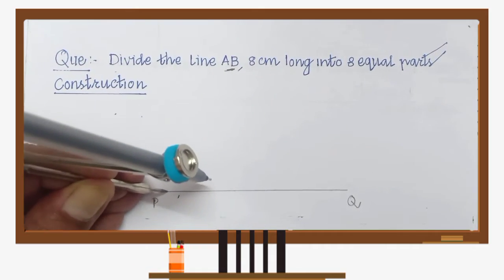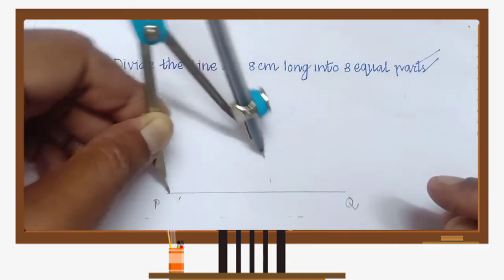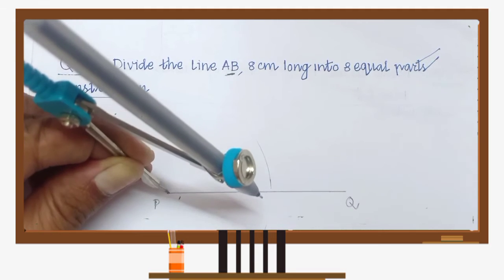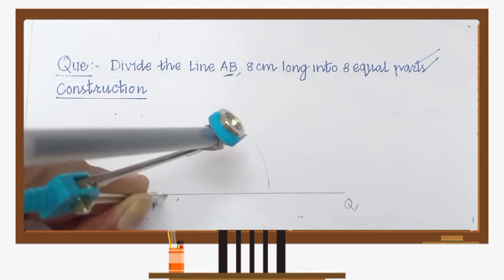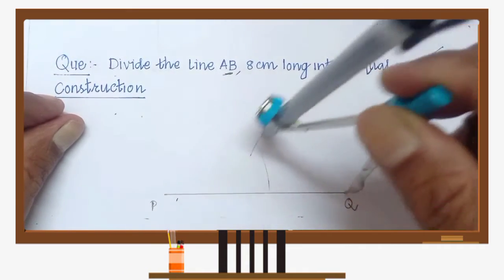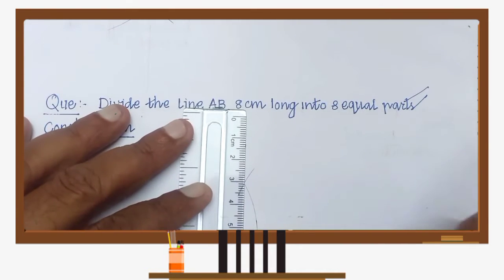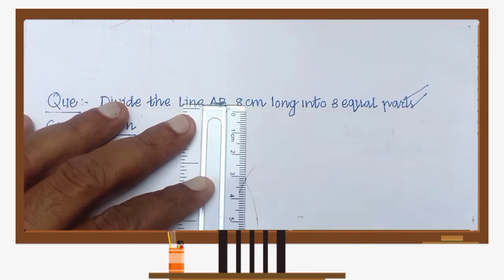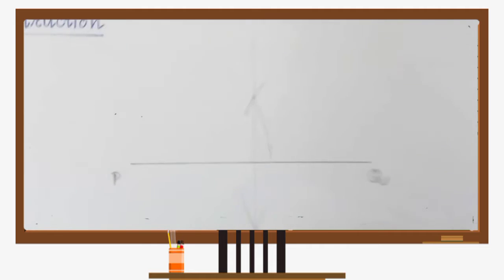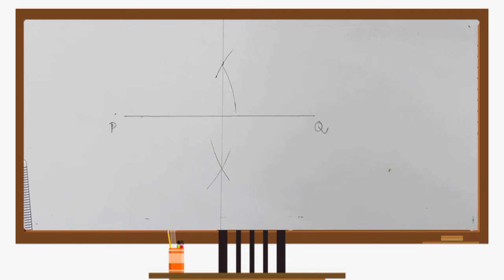You take a distance more than half, आधे से ज़्यादा डिस्टेंस लेना है, and you draw this perpendicular bisector. This is your first perpendicular bisector. Again you consider this, draw perpendicular bisector.